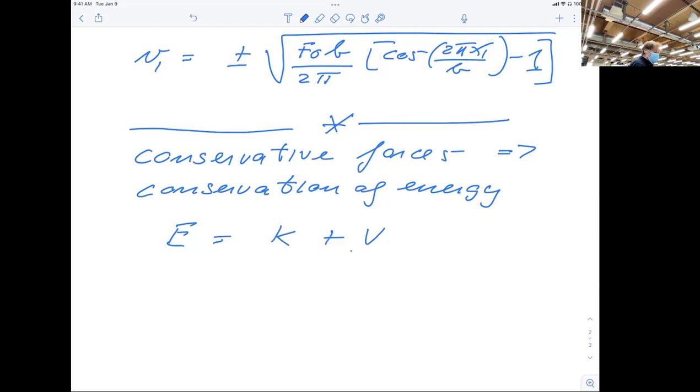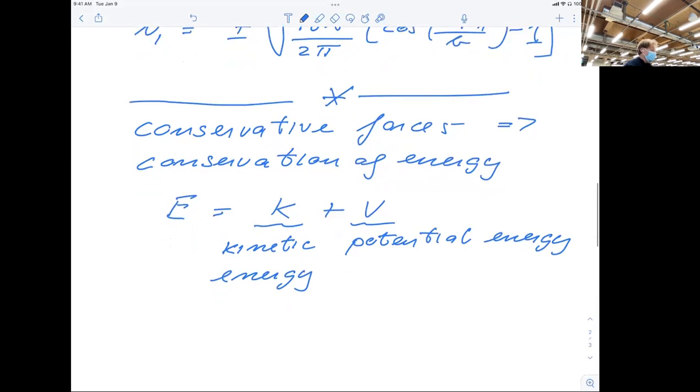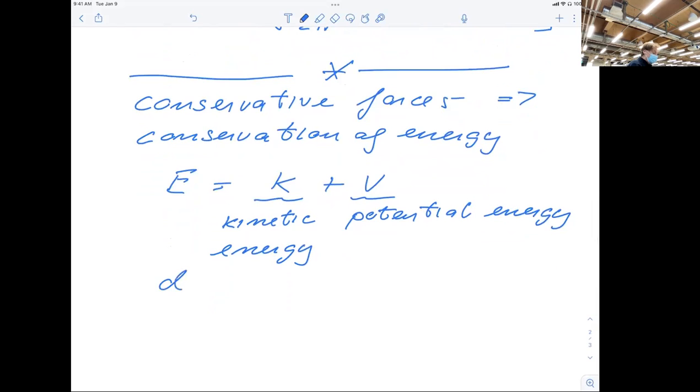So this is the potential energy, and this is obviously the kinetic energy. And what we have when we have a conservative force is that the derivative of the energy with respect to time is equal to 0. So that means that the energy is a constant of the motion.